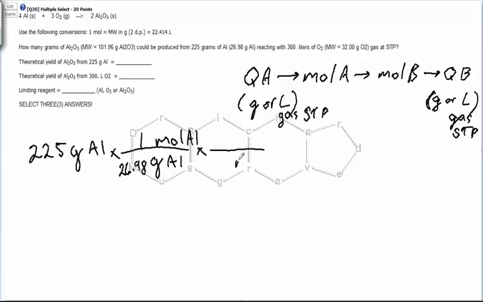We want moles of Al on the bottom here to cancel out. We'll have moles of Al2O3 on top. Relationship here: 4 moles of Al is going to produce 2 moles of Al2O3.